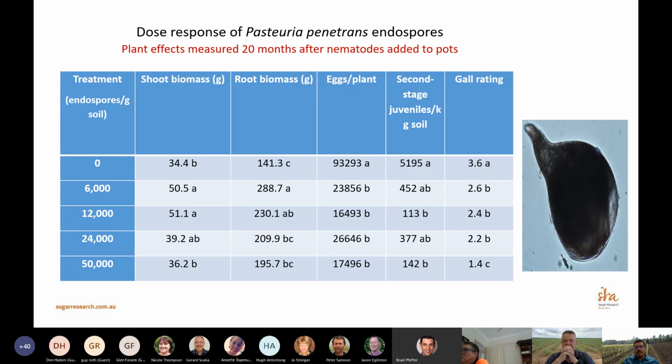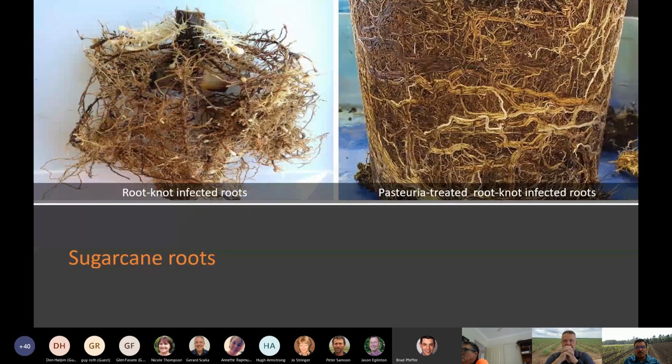As people say, a picture says 1,000 words. On the left there are root knot infected roots from our pot trial, and on the right you can see the Pasteurella treated root knot infected roots. So you can now understand why Pasteurella is so popular.